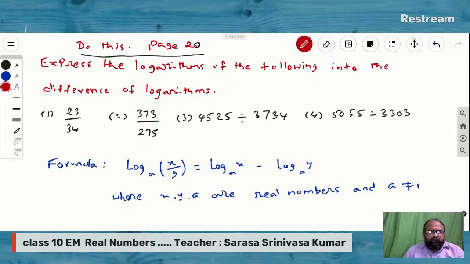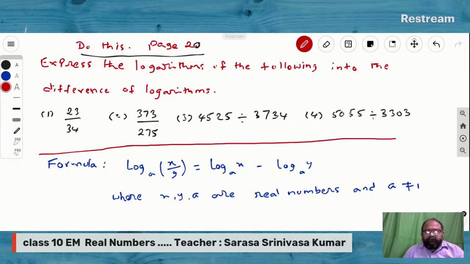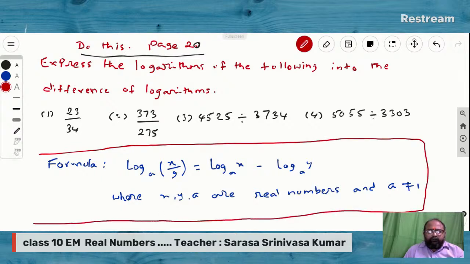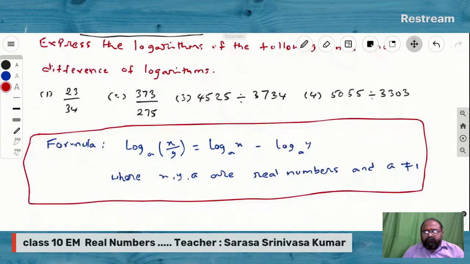So this is the formula. Based on this formula, we will solve the above problems. So division of two numbers is given. So using logarithms, we can expand this.